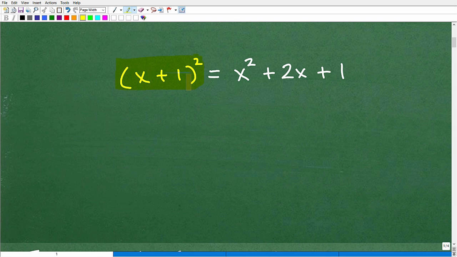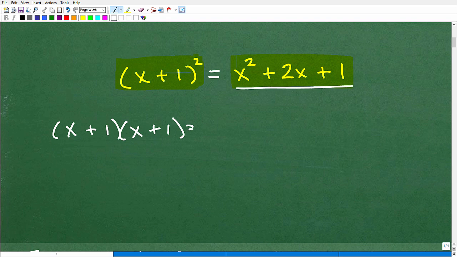I can think of this as an identity because (x plus 1) squared is equal to x squared plus 2x plus 1. If I wanted to verify this, I would go, okay, (x plus 1) times (x plus 1). I would do all the little FOIL algebra math, and I would come up with this. I will have verified that the left is in fact equal to the right, and the right is equal to the left. So this is the idea.